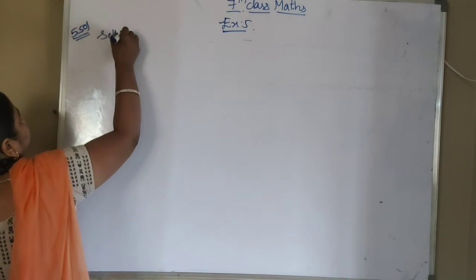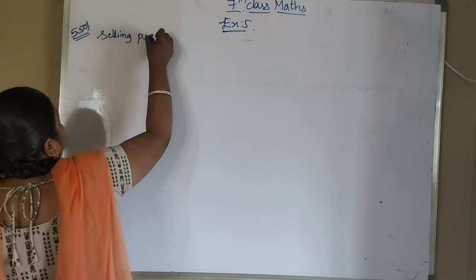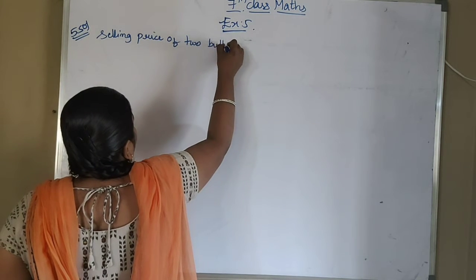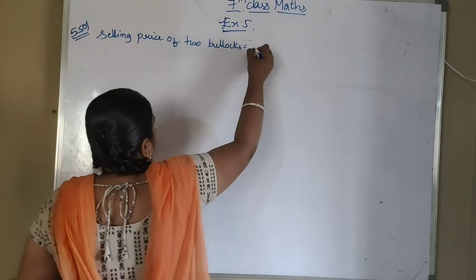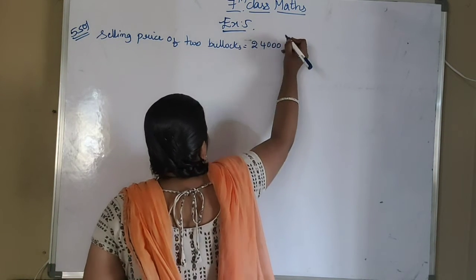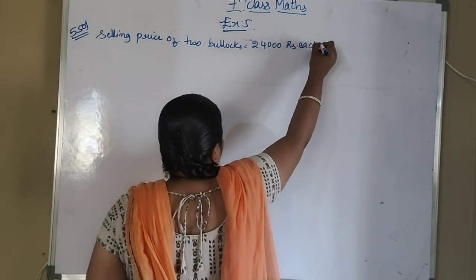The selling price of the 2 bullocks is 24,000 rupees each.